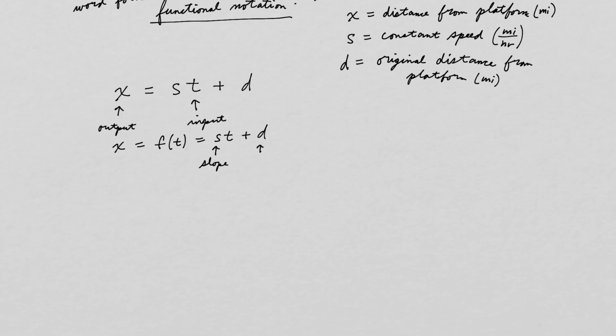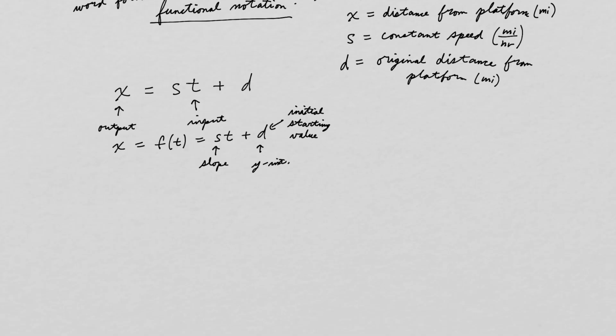And the D is our initial value, or you can think of it as the y-intercept when we graph it. I'll write both. It's the initial starting value. It's the value of the distance of the train from the platform when the time is equal to 0.